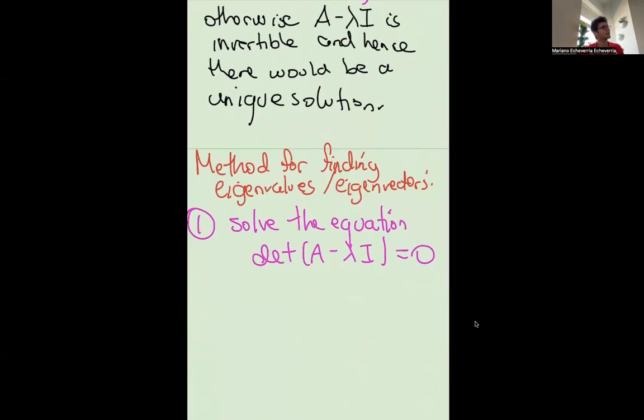You'll see how this looks in a moment. Solve this equation for lambda. You'll see this is an equation that we solve for lambda. These values that solve the equation are the eigenvalues of the matrix.